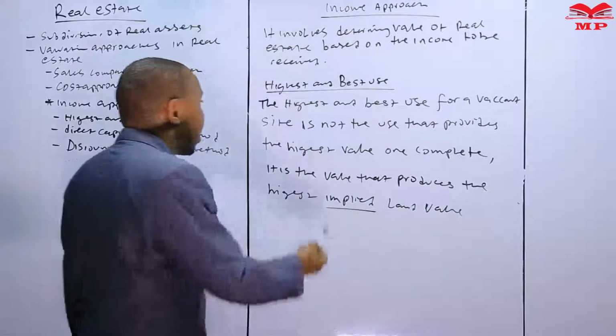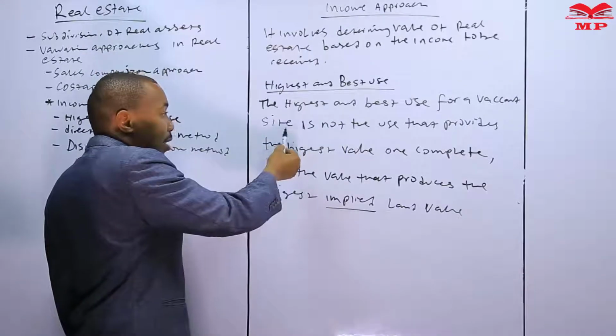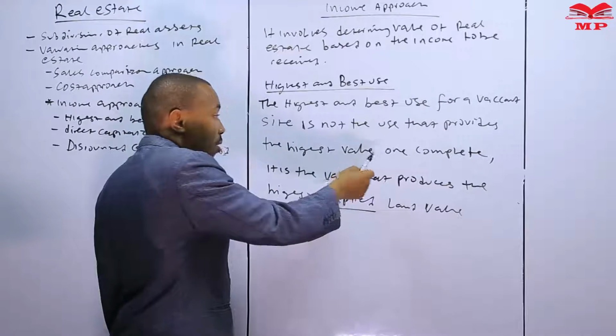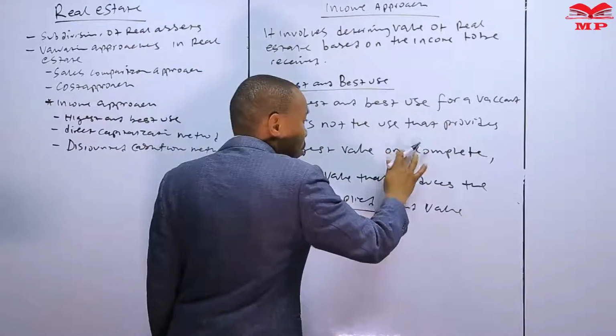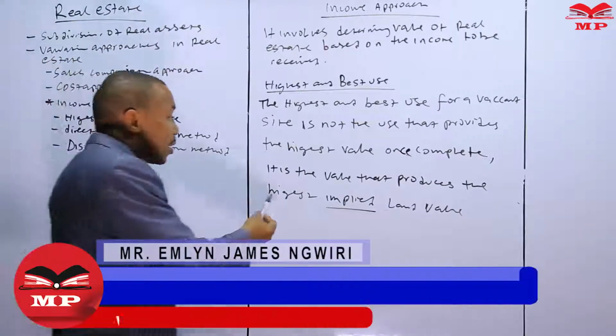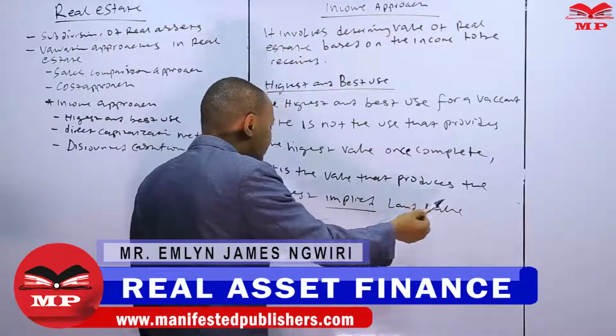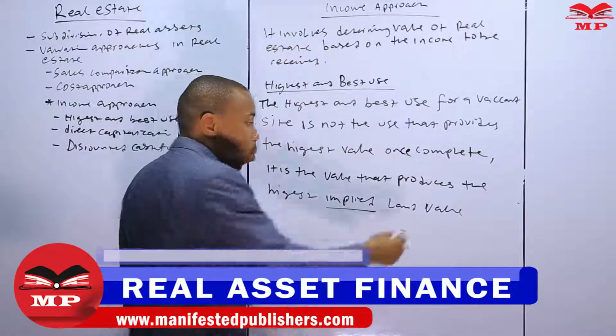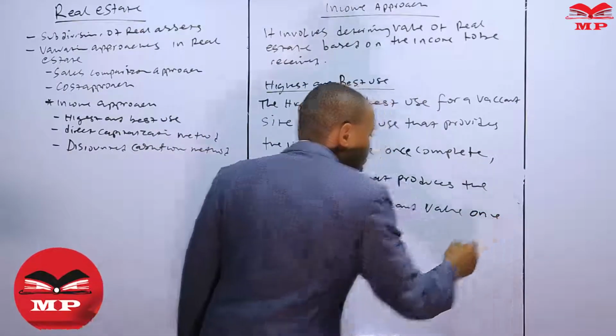So I'm saying the highest and best use for a vacant site is not the use that provides the highest value once complete, it is the use that produces the highest implied land value once complete.